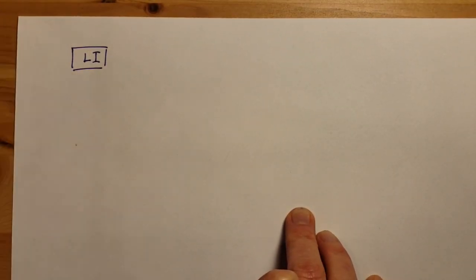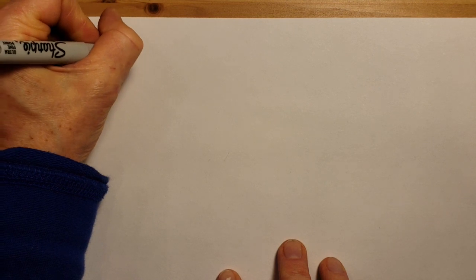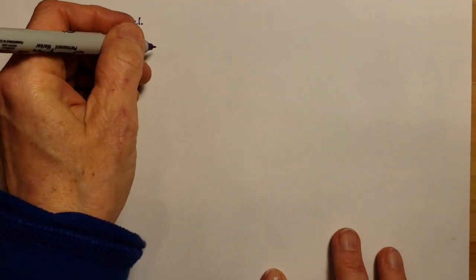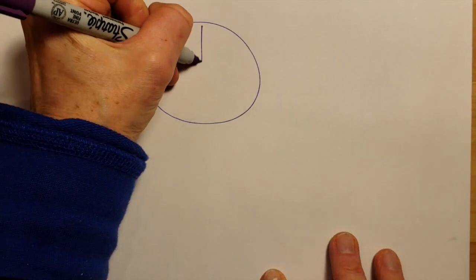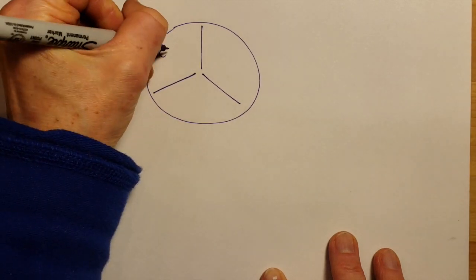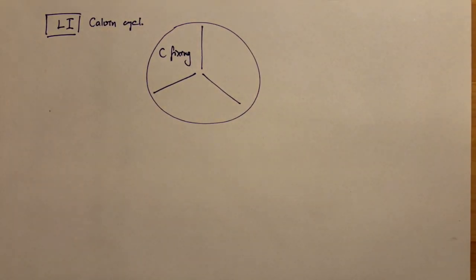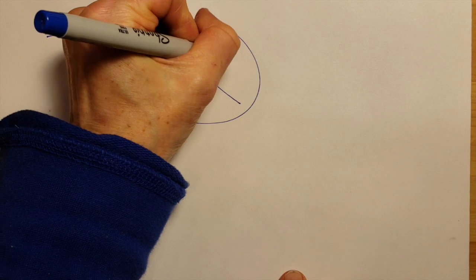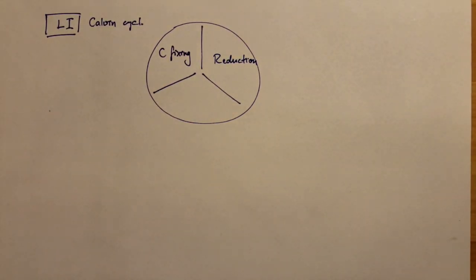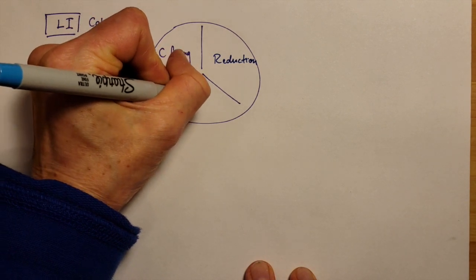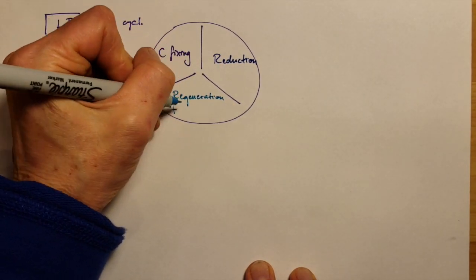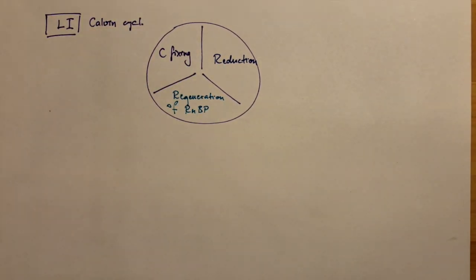The light-independent reaction is happening in the stroma. This is the time when the carbon dioxide is going to be reduced and carbohydrate is going to form. The carbon is going to be fixed, reduction happens, and regeneration of the RuBP.